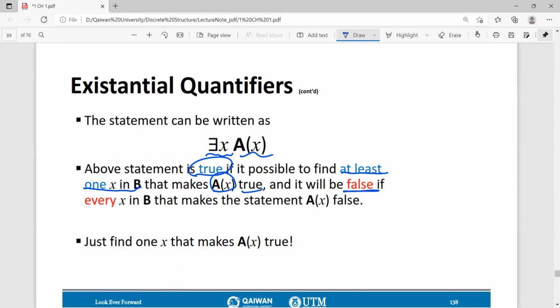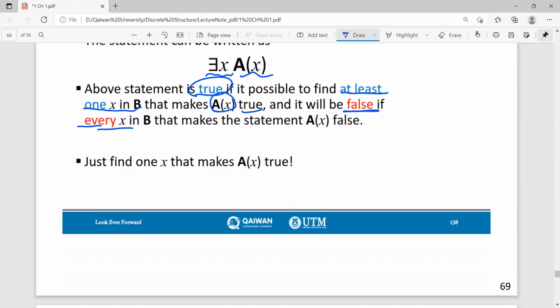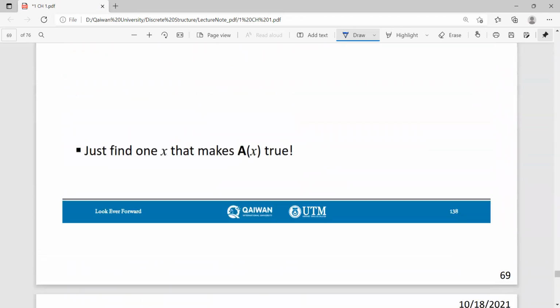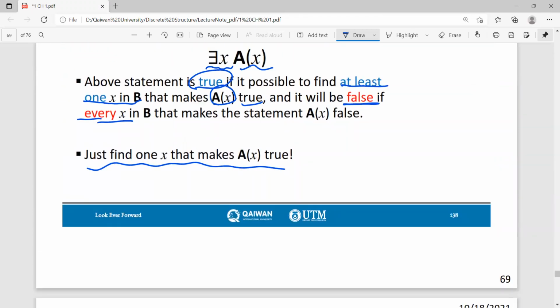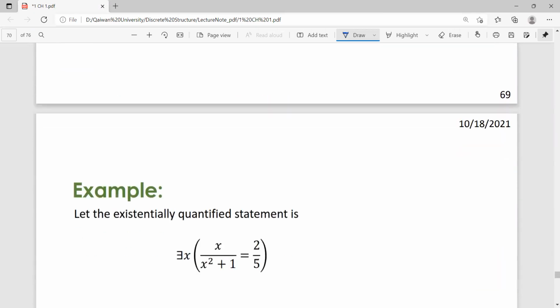And we say it's false if for every x in the domain the proposition is false, I mean A of x is false. You just need to find only one point in the domain which makes A of x true.